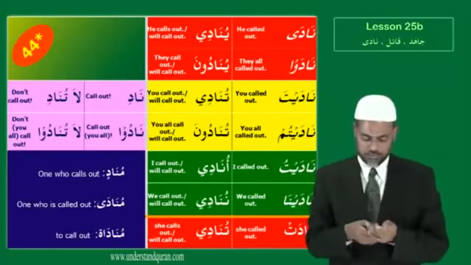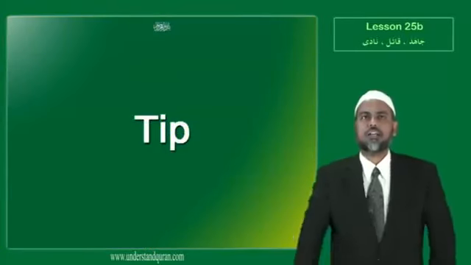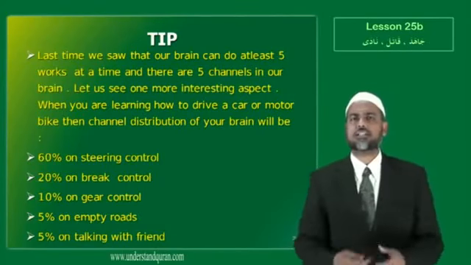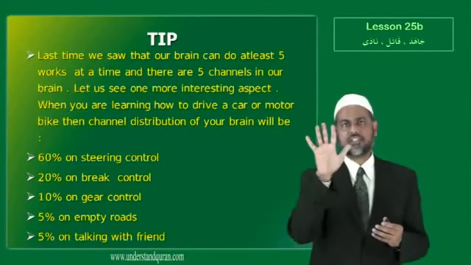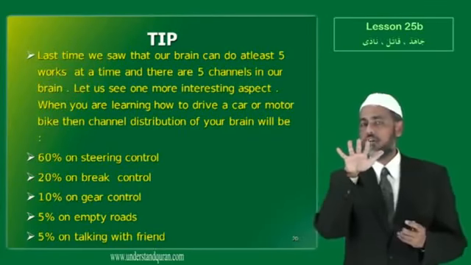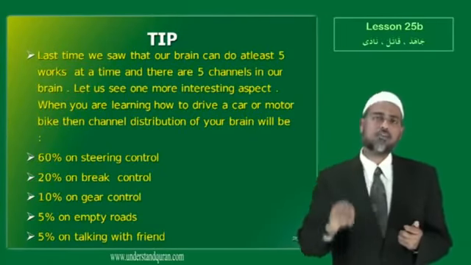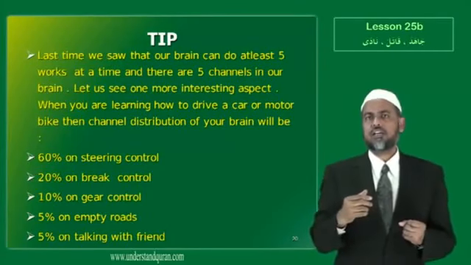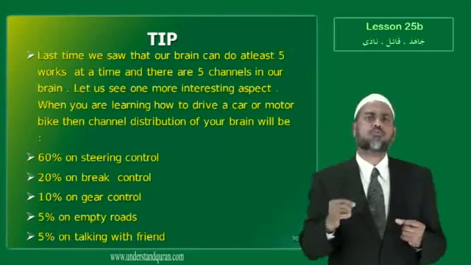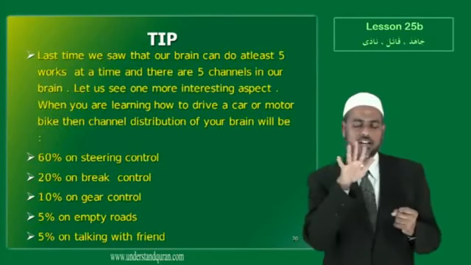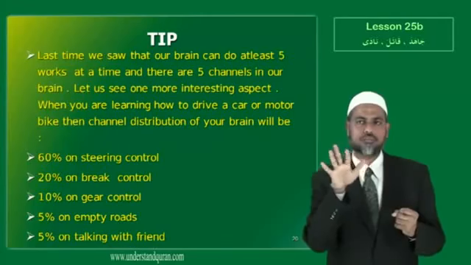Let's take a motivational tip. Last time we saw that our brain can do five things at a time, and we said there are five channels in our brain. Let's look at one more interesting aspect. When you were learning how to drive a car, how were your brain channels distributed?